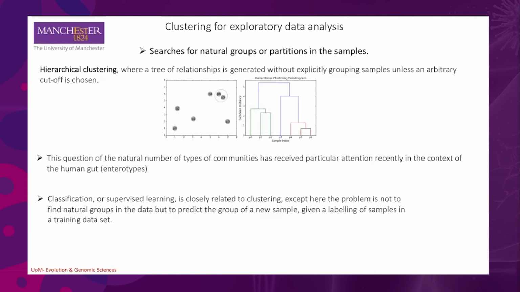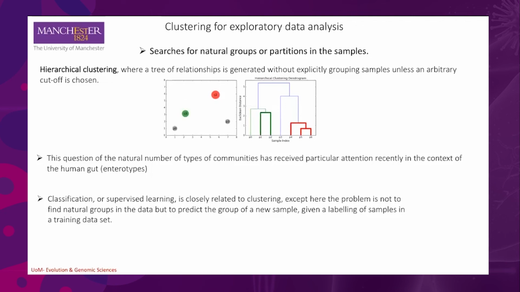Another question, or target, that most microbiome studies of the past 5 years aim for, including Cure, is the question of the natural number of types of communities that are actually present in the microbiomes.